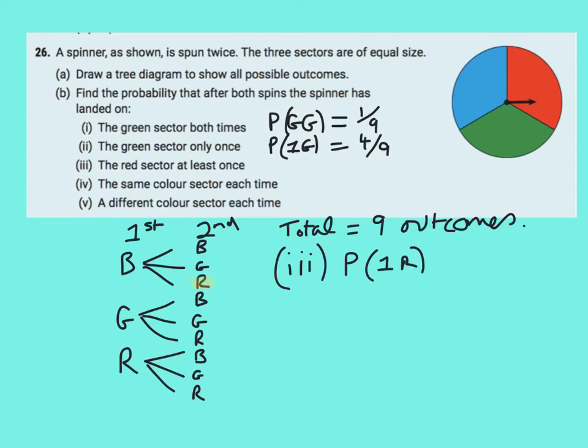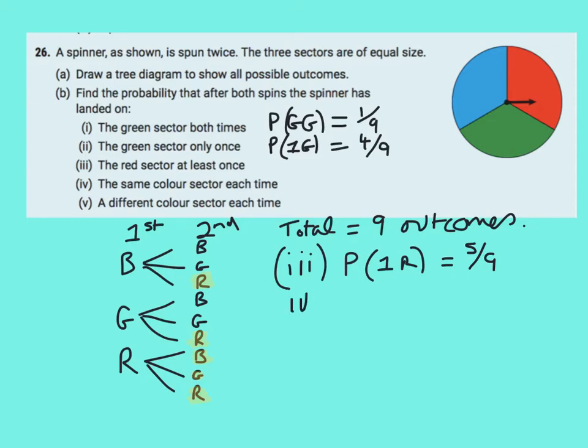At least 1R here. We have at least 1R here. And all of these have at least 1R. So when I'm looking at that, I can see that I have 1, 2, 3, 4, 5. So that's going to be 5 over 9, because it has to be just at least 1R.